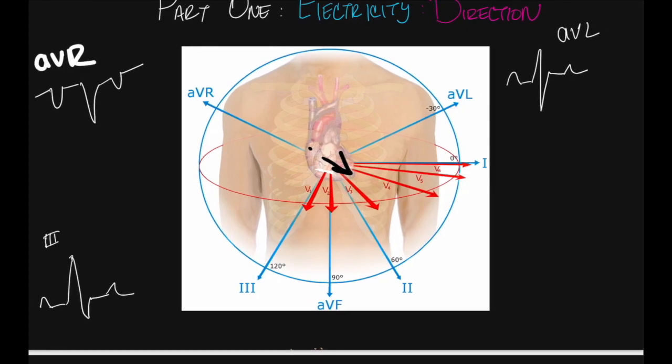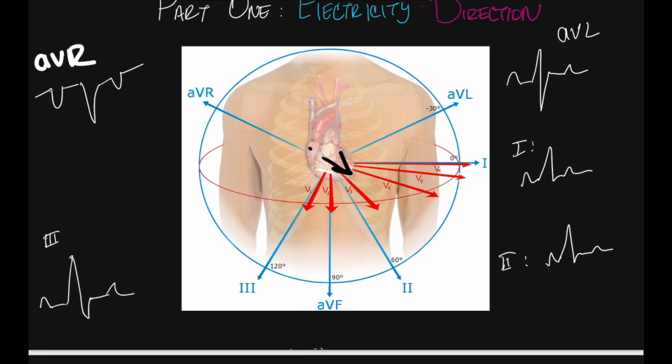We see in lead 1, the electrical vector is predominantly headed towards lead 1, so we get something that looks predominantly positive. Lead 2, similar story. That electrical vector is headed towards the view of lead 2, so again we get a predominantly positive complex.